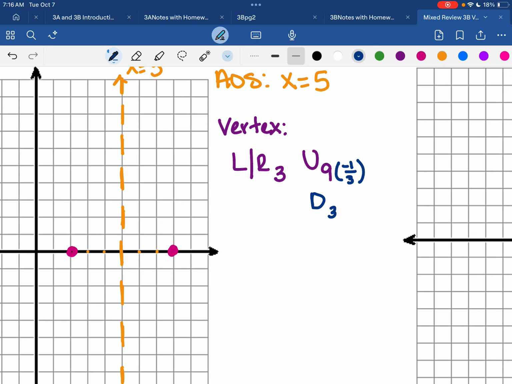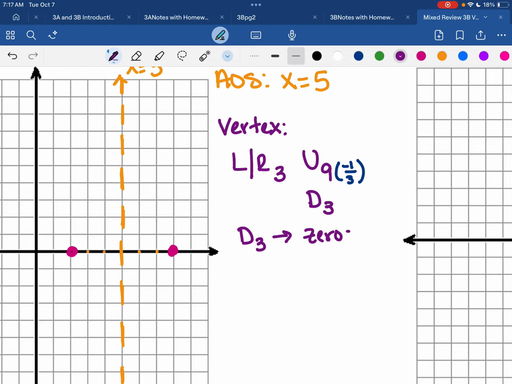So to find my vertex, let me rewrite this out. That means I went down 3 to my zeros.